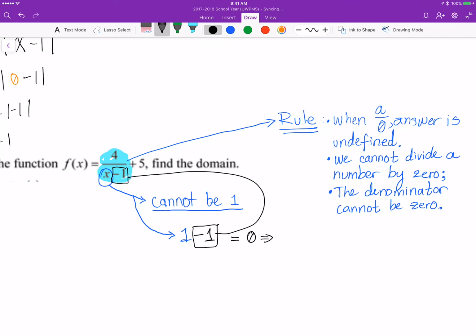And therefore, when 4 divided by 0, I'm getting this 4 from here, then it's undefined. Goes back to this rule.